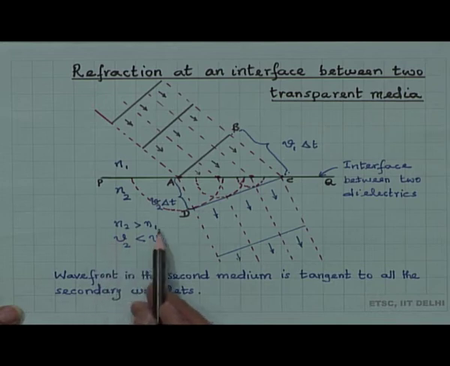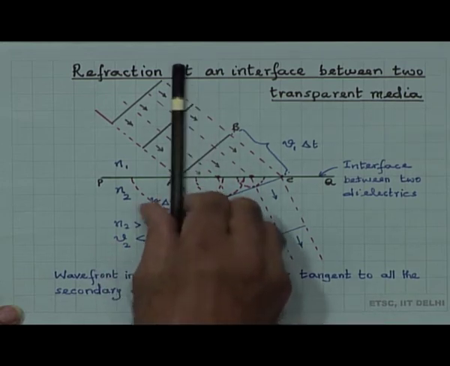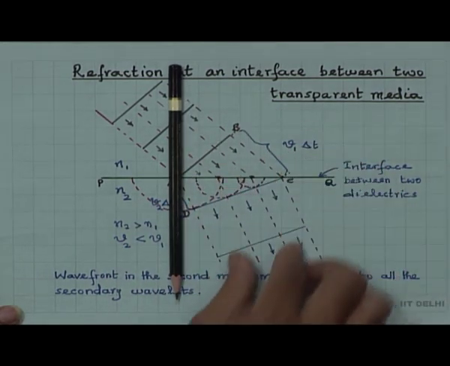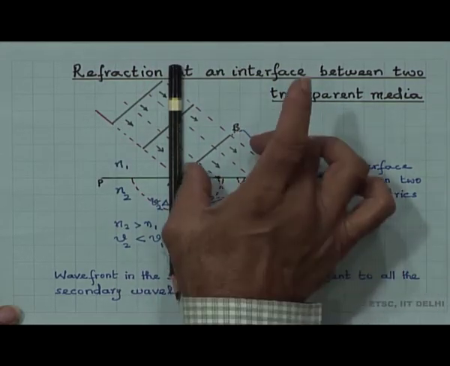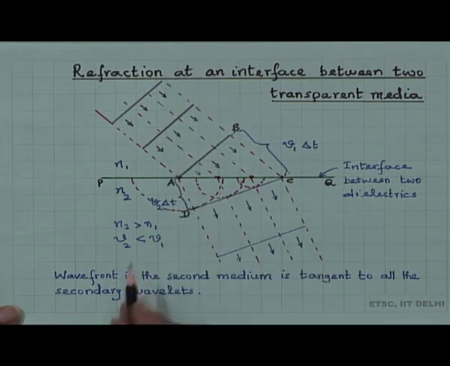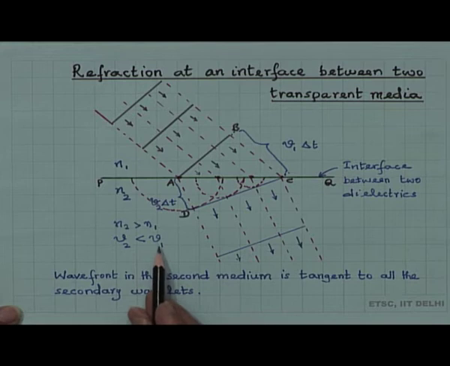If N2 is greater than N1, we already know by Snell's law that the ray will bend towards the normal. If it has to bend towards the normal, then V2 should be less than V1.